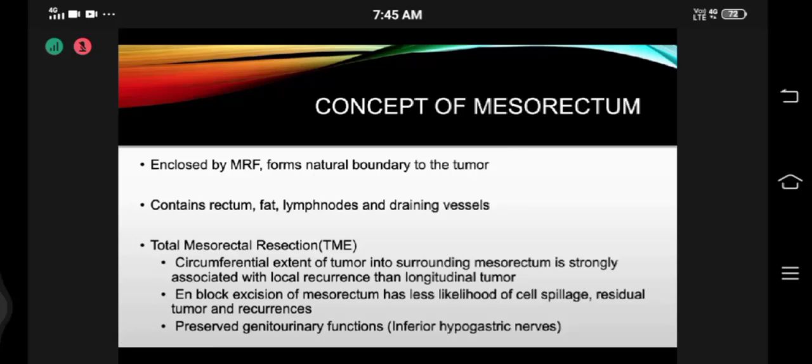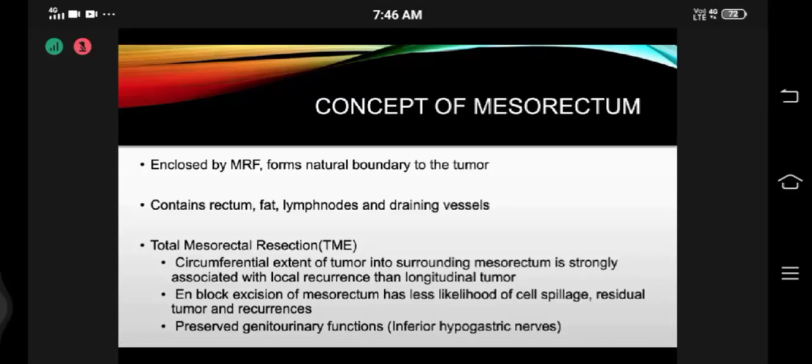And if the mesorectal fascia is involved, then the extent of surgery will be beyond TME. The mesorectum contains the rectum, fat, lymph nodes, and the draining vessels. Like I said, the circumferential extent of the tumor into the surrounding mesorectum is more strongly associated with local recurrence than the longitudinal extent.